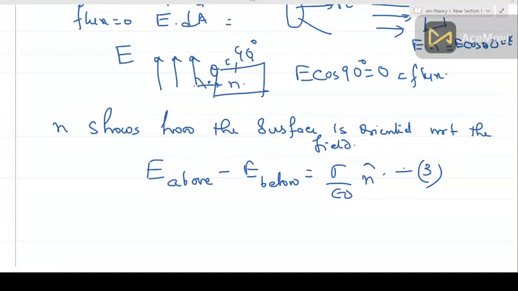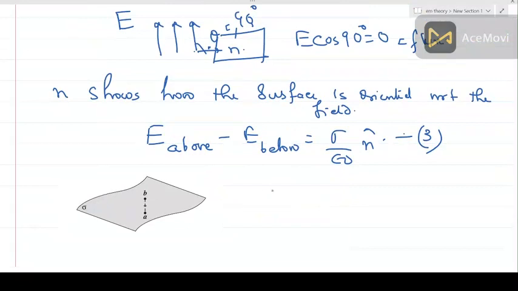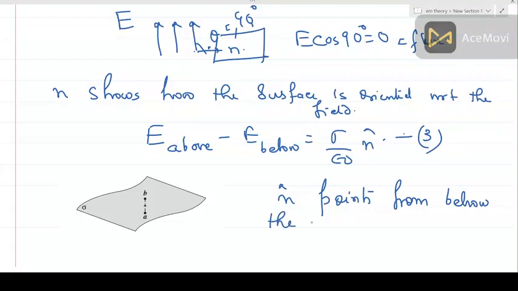You will find the diagram in the book by Griffiths or any textbook dealing with electrostatics or electromagnetic theory. n points from below the surface to above the surface. This is the direction.